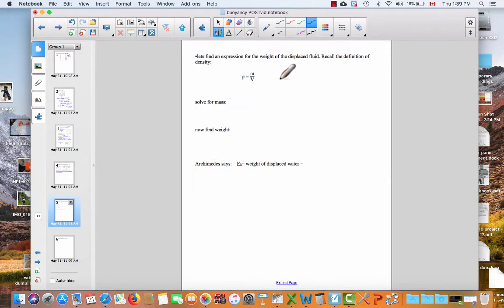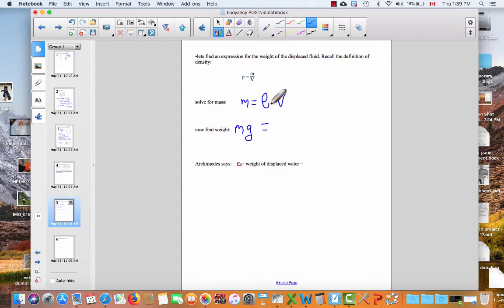And we could derive our previous result from this idea as well, because if we start with the definition of density as a ratio of mass to volume, cross-multiplying, we can solve for mass. Weight in physics is mg, the mass of the object times the gravitational field.